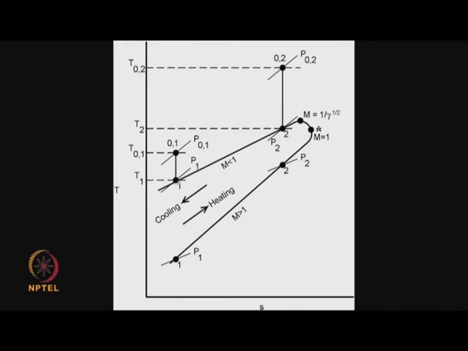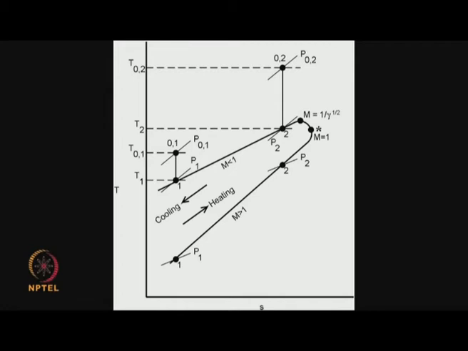Subsonic state lies above like this, and the Rayleigh line is less steep than the isobar. Here is the isobar corresponding to p equal to p1. The Rayleigh line is less steep than that, and the slope keeps increasing. Once I reach m equal to 1 over square root of gamma, the slope will become negative. So, I can see the curve turning downwards like this, and as I approach m equal to 1, we approach dT/ds equal to minus infinity.